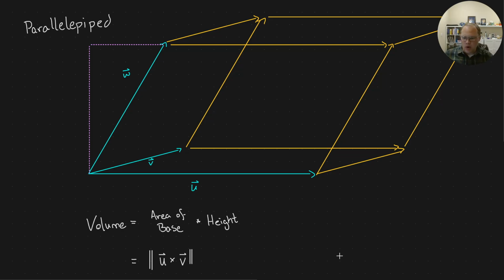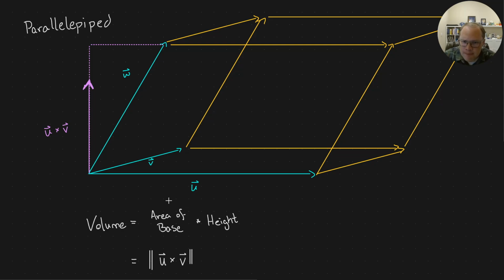Well, how about taking the cross product? Okay, we could take the cross product, u cross v. That will give us a vector that points in the same direction as we want to measure the height. Right? Now, it won't give us the height itself, right?